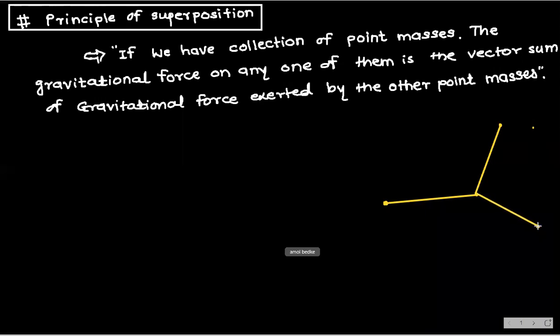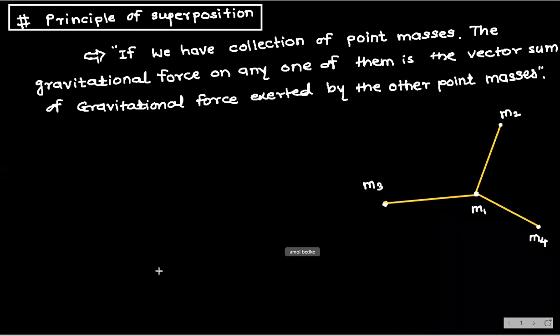They are joined with certain distances, or we can say some position vectors. So this mass is m1, this mass is m2, this mass is m4, and this mass is m3.